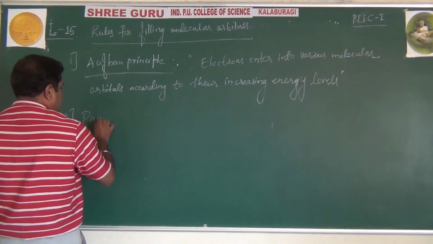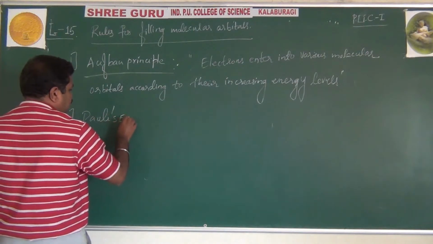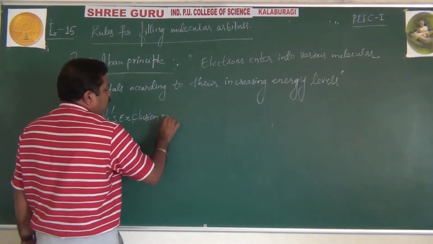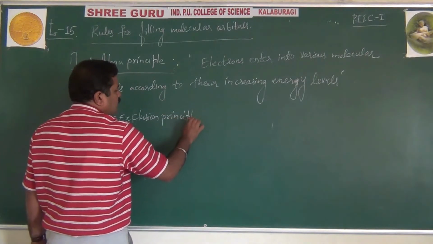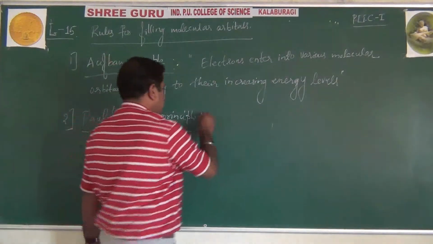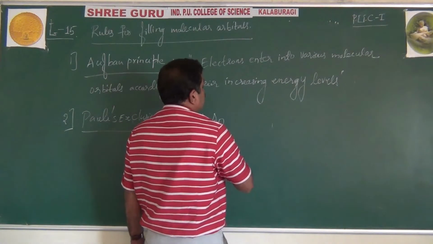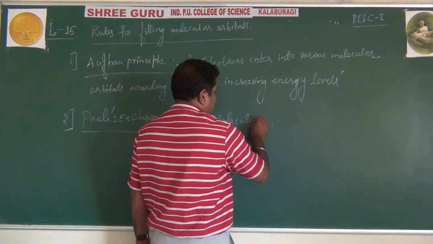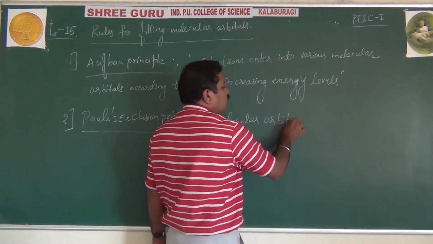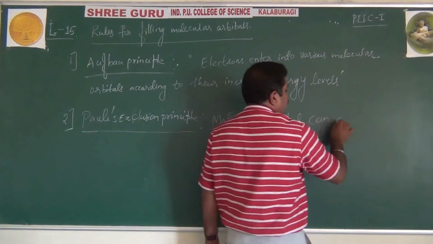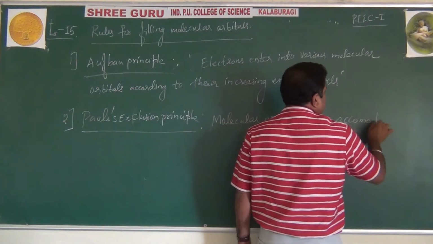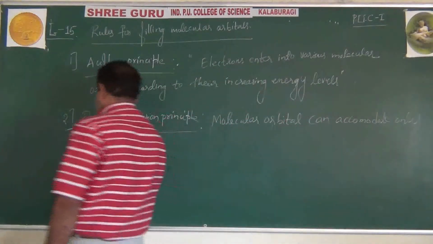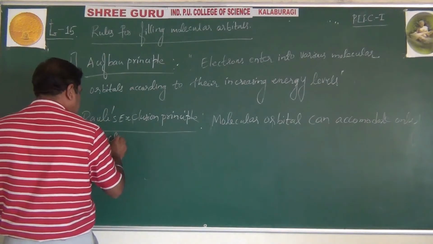Pauli's exclusion principle. A molecular orbital can accommodate only two electrons.